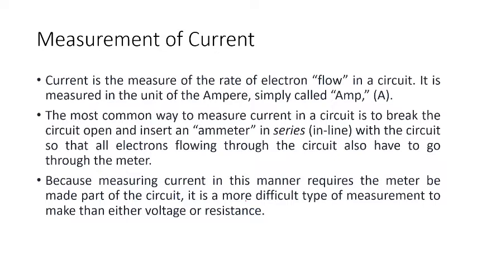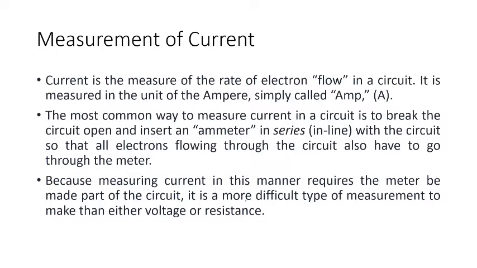But now in this case, you are going to break the circuit open and insert the ammeter in series with the circuit, so that all the current which has to flow through the circuit also has to go through the meter. Then only the meter will be able to tell you how much current is flowing through that element.